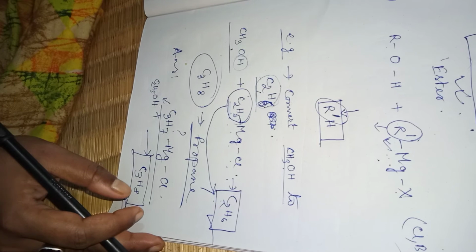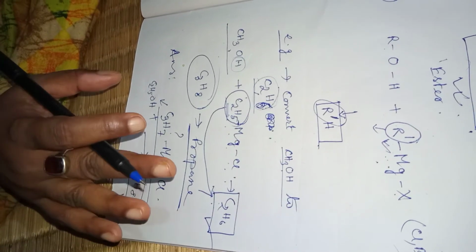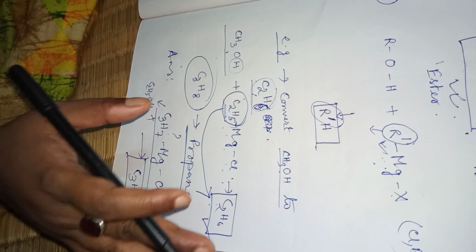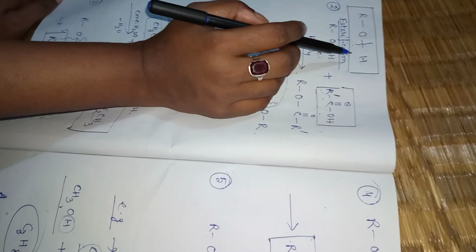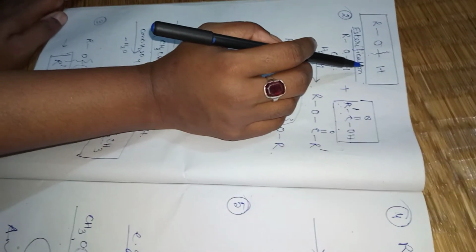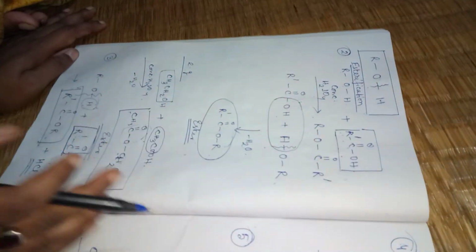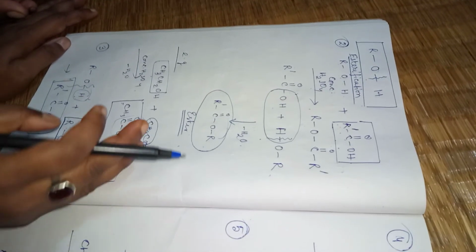Is this clear? All the general, normal reactions I already discussed with you, in which we broke the O-H bond. What are the reactions I discussed? The first reaction is the reaction with metal.